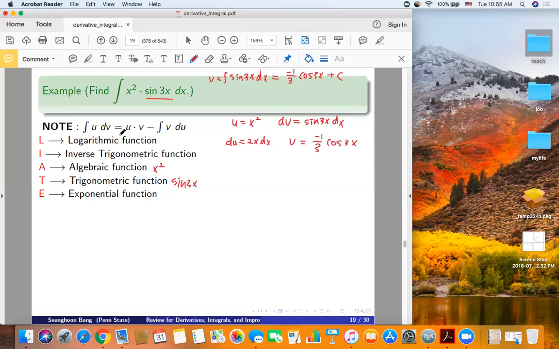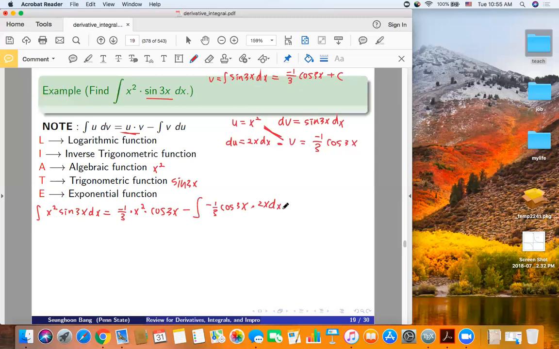So you can use the formula. The integral of x squared sine 3x dx is u times v, so we have minus 1/3 times x squared times cosine 3x, minus the integral of v times du: negative 1/3 times cosine 3x times 2x dx.